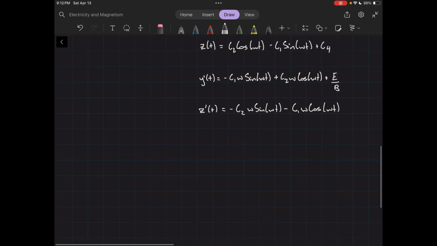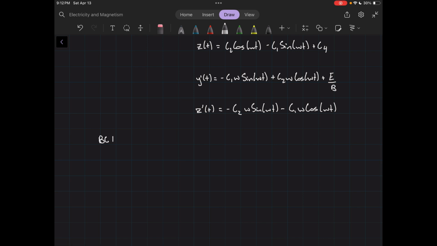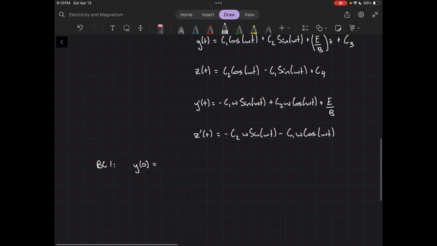So, following the first set of boundary conditions, y of 0 is going to reduce to c1 plus 0 plus 0 plus c3, which is equal to 0. z of 0 is equal to c2 plus 0 plus c4, which is equal to 0.